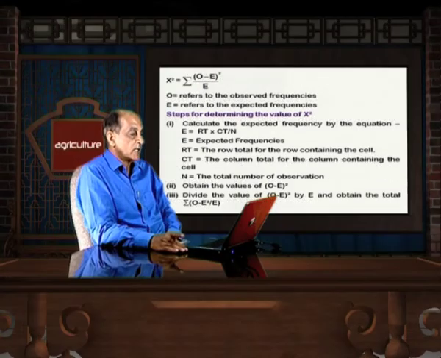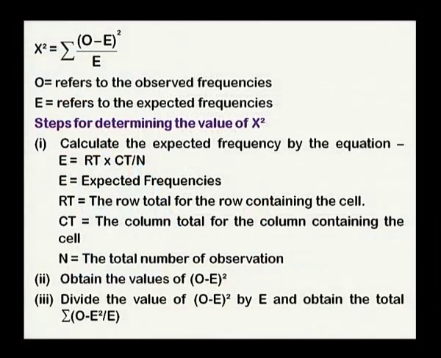Now, what is the chi-square test? It is equal to the summation of O minus E, squared, divided by E. Here O refers to the observed frequencies and E refers to the expected frequencies. What are the steps required for determining the value of chi-square?